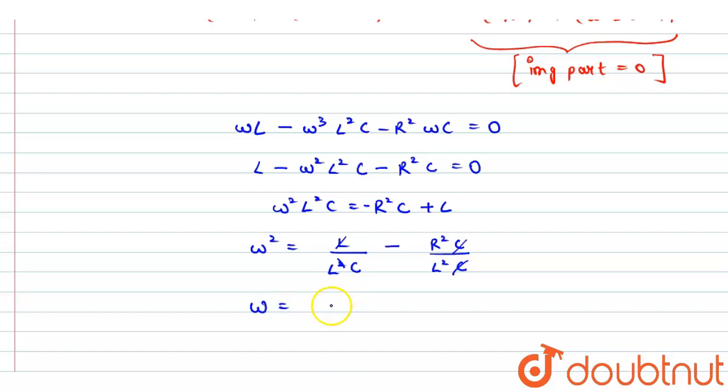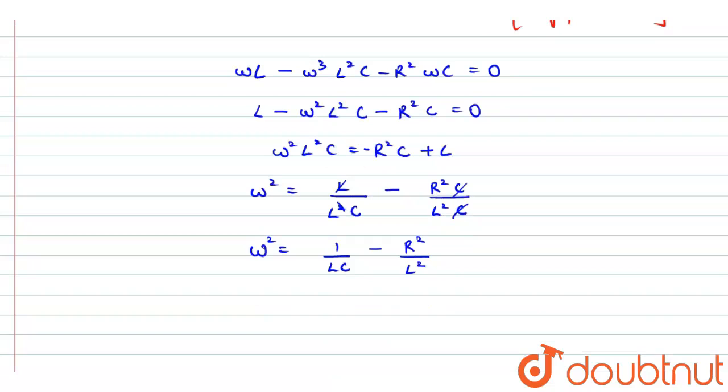So omega square will come out to be 1 over LC minus R square over L square. So from here I can write the value of omega would be equal to under the root of 1 over LC minus R square by L square.